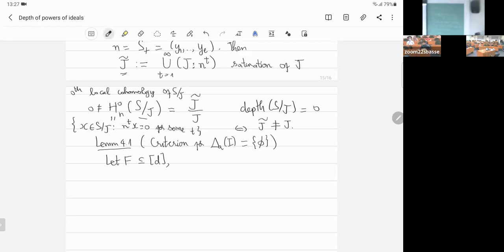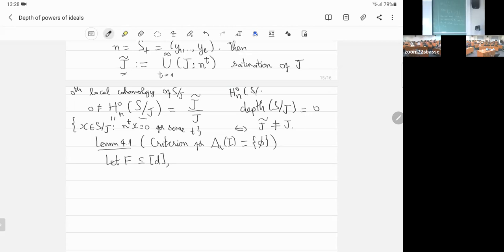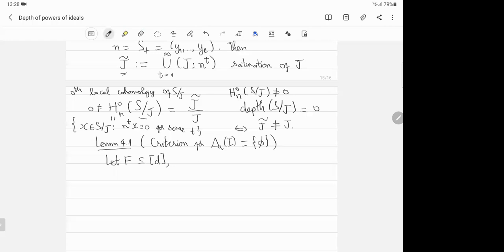Recall that depth is the minimal degree where you have non-zero local cohomology. We are interested in non-zero. Okay, thank you.